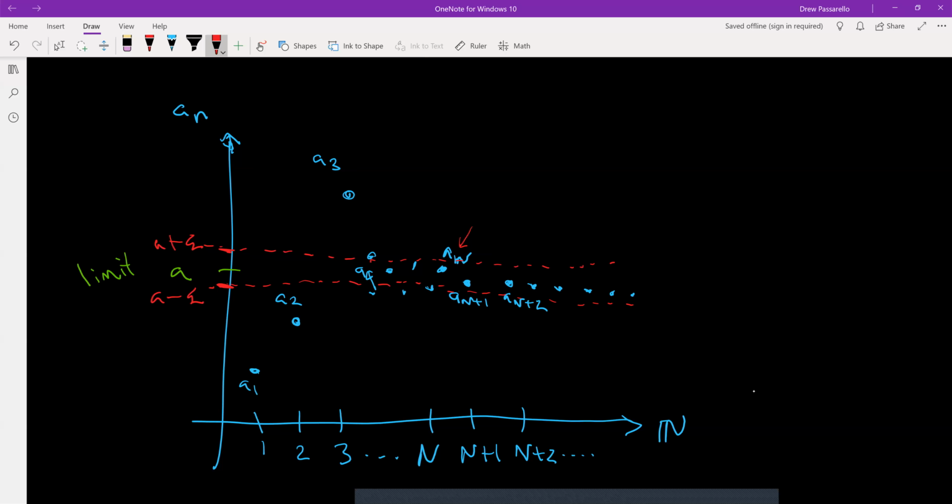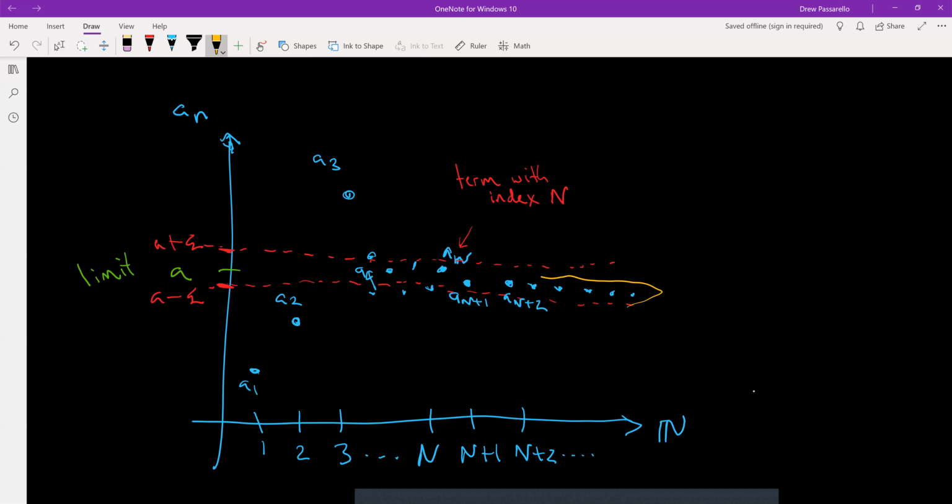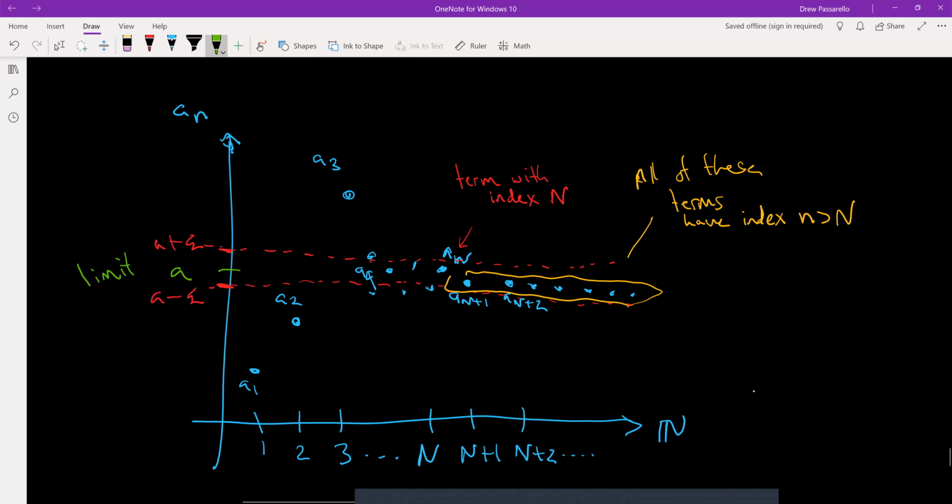So this is the term with index N, and all of these terms have index bigger than N. And all of these terms put you within the bounds, what I'm calling our confidence interval, where we get to the limit a.